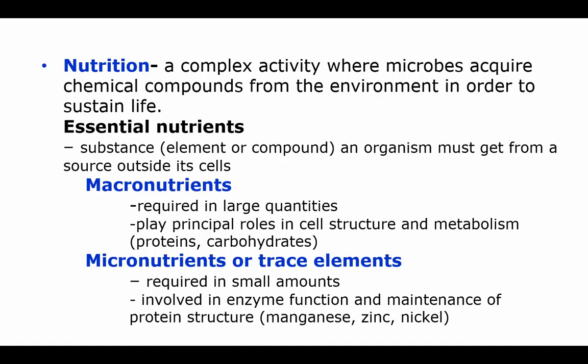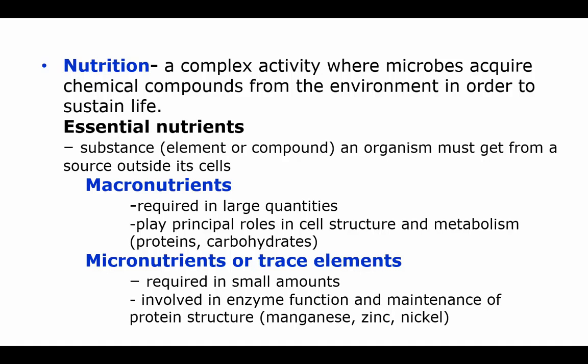Now typically, macro and micro refers to the size of something. Okay, here though, the macro and the micro, it refers to the quantity. So if we say that something is a macronutrient, we're saying that you need larger amounts or larger quantities of these specific things in order to have what you need.